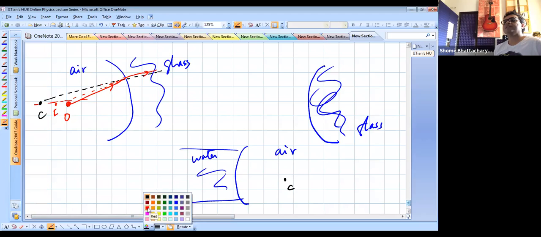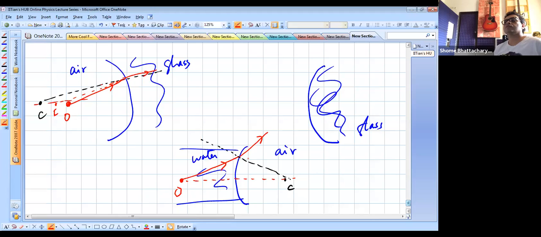But the object is actually inside water, like this. So here an incident ray like this will tend to bend away from the normal instead of towards the normal, and go like this now. So you could get an image over here.